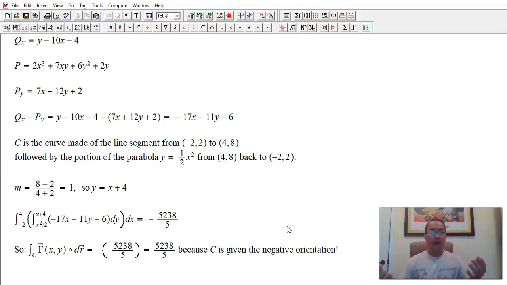To get around that, think about the opposite orientation, then we can apply Green's theorem. The relationship between the negative orientation and the positive orientation is that the corresponding contour integral is the negative of the other contour integral. So that's why we reverse the sign.